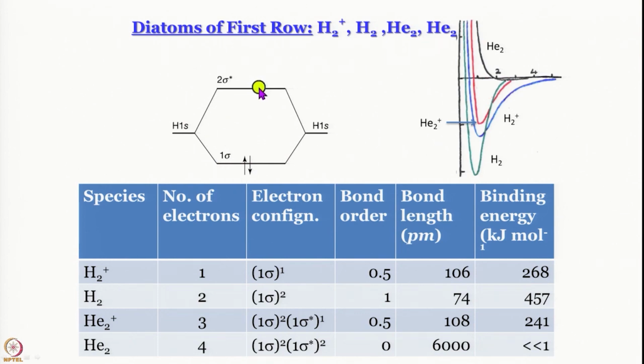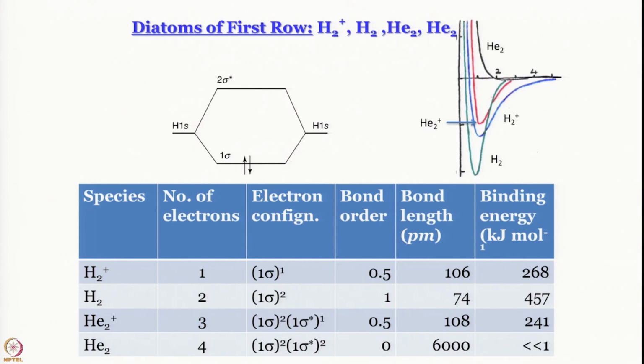And if you remember the picture that we had shown in the last lecture, this energy difference between the isolated atom and antibonding orbital is a little more than the energy difference between the bonding orbital and the atomic orbitals, at equilibrium bond length. So, He2 plus is less stable than H2 plus.